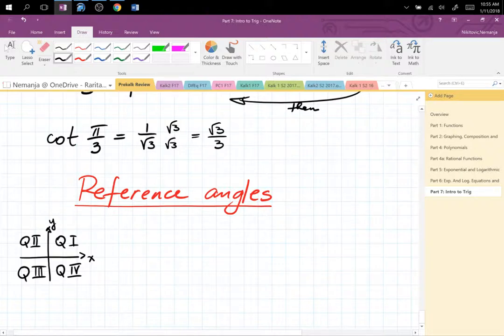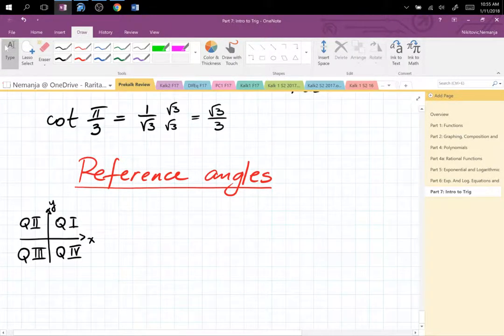Again it's counterclockwise, the same way we measure angles and everything else. So step number 1 would be to first reduce your angle using periodicity by subtracting 2 pi or 360, depending on which units you use, to reduce the angle from multiple rotations to the first 0 through 2 pi. And then you can reduce it further using the reference angle.